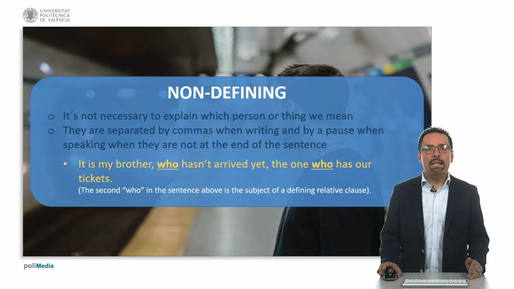For example, it's my brother who hasn't arrived yet, the one who has our tickets. In this case, the first who is a non-defining relative clause, and the second one is a defining relative clause.